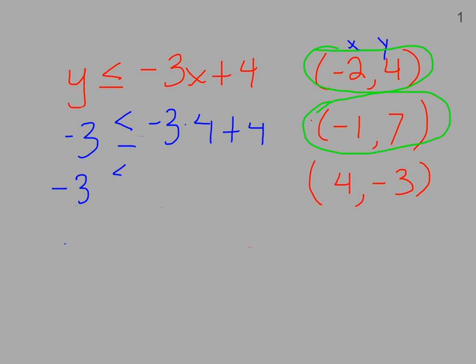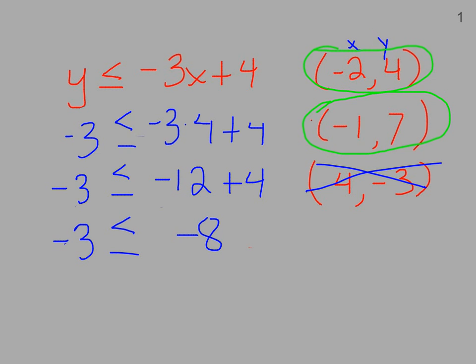And -3 times 4 is -12. -12 plus 4 is -8. So I end up with -3 is less than or equal to -8. Well, since -8 is smaller than -3, this ends up being a false statement, which means that this point right here is not a solution. So of the 3 coordinate points that I was given, I have 2 that are solutions and 1 that is not. Okay?